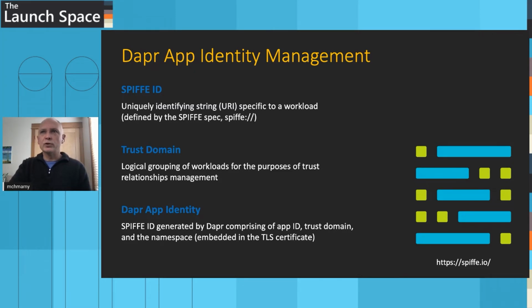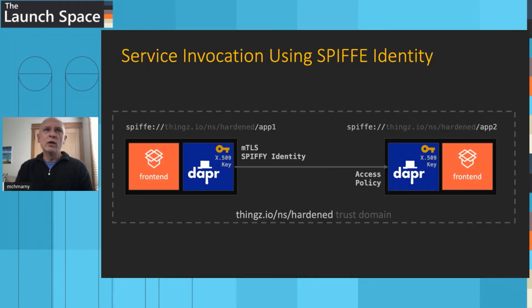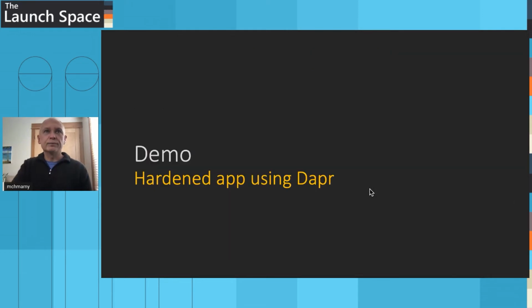So hopefully we'll have a much deeper way of communicating between different projects that is agnostic to the specific technologies we're using. Now when you come into Dapr, using the SPIFFE identity, you have a deep knowledge of application 1 invoking application 2. You can use access policies to control who the application is and which type of functionality that invocation can be performed on, because it's all done inside of a trust domain.